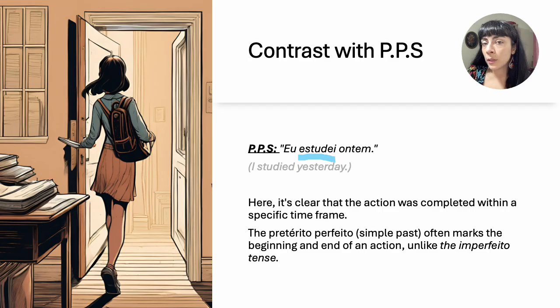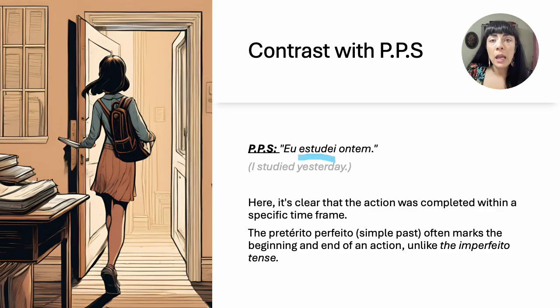So, what does that tell you? It tells you that that action in that picture, in that past, it is over. So, as I also wrote here, it's clear that the action was completed within a specific time frame, ontem, yesterday.